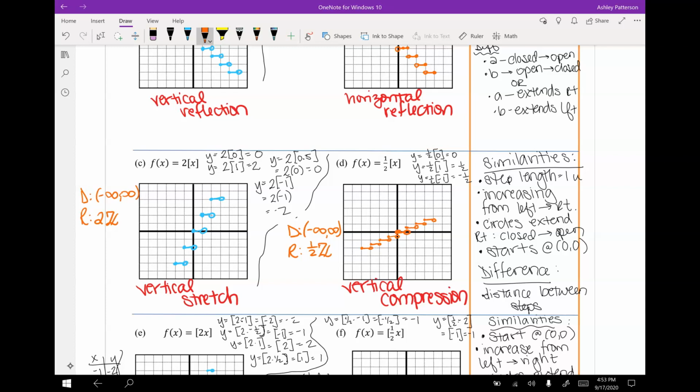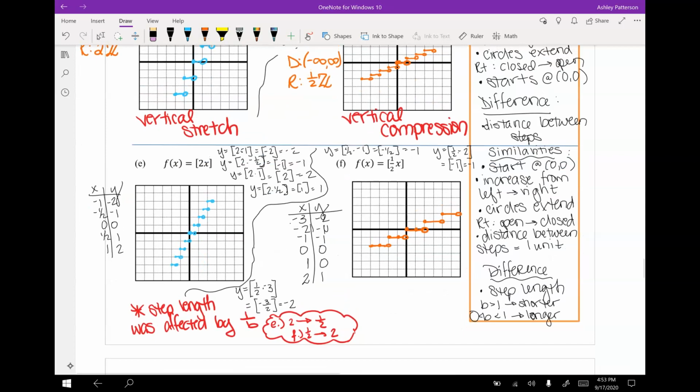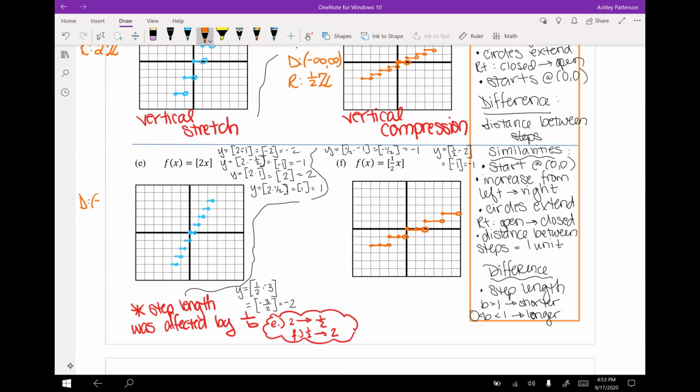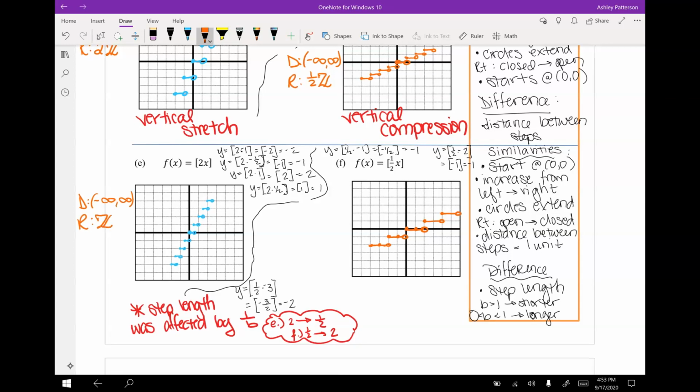Are we noticing a pattern with the A values? I sure hope so. Last but certainly not least are E and F. The domain for E is all real numbers, and the range is still all integers because we jump 1 unit up to each step. For F, the domain is all real numbers still, and the range is still all integers.